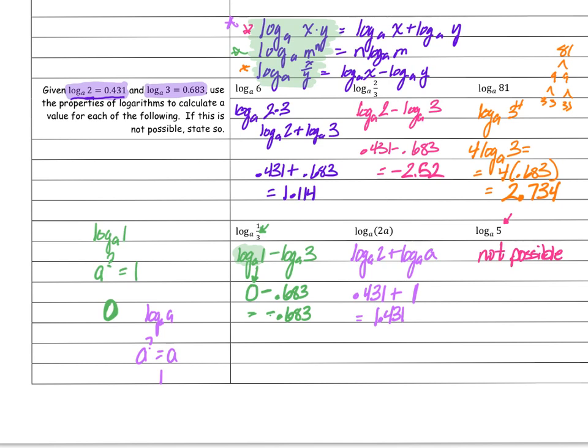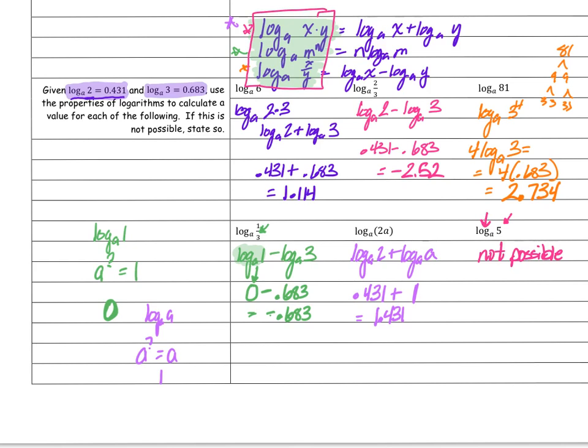If I have one log, let me repeat this. If I have one log, on this side over here, there's no addition and subtraction. Okay? So it's not possible. Now, if there was more than one log and there was an add in there, then I would be on the other side that has multiple logs.